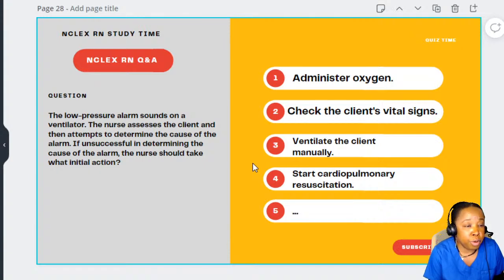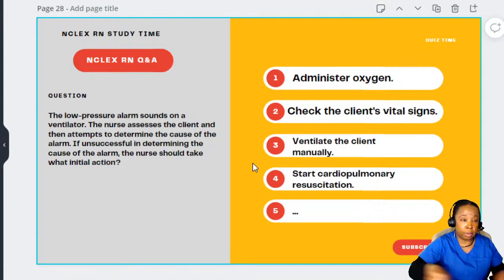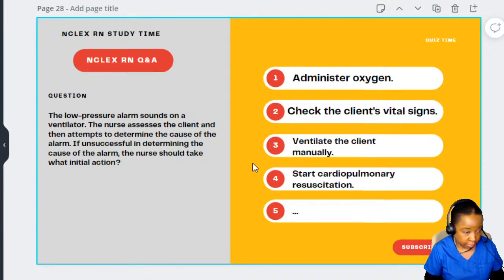At any time you hear a low alarm, it's either there's a disconnection, you hear me? It might be a disconnection. It's either the tube that connects to the patient might be disconnected from the patient, or from the ventilator, you see? And it also can be a leak.